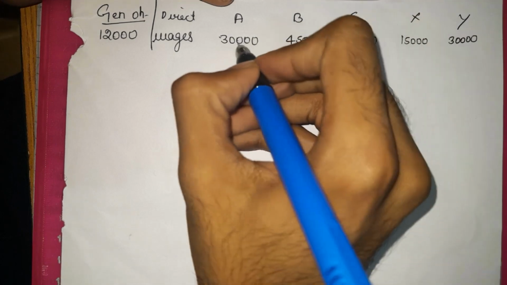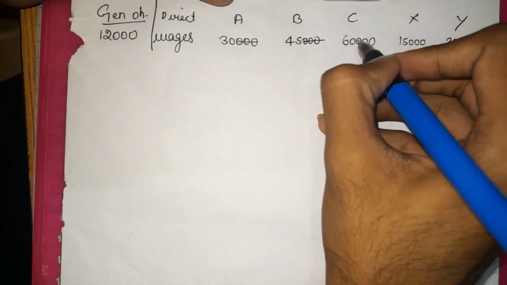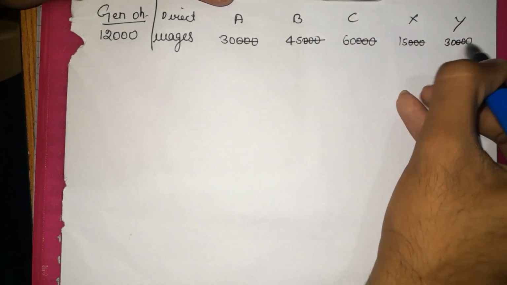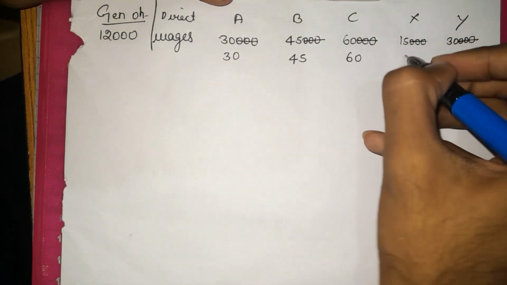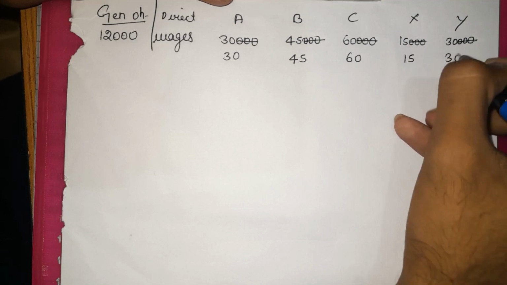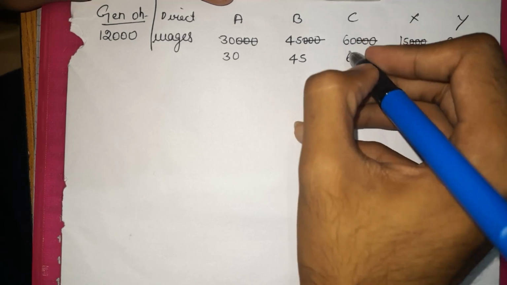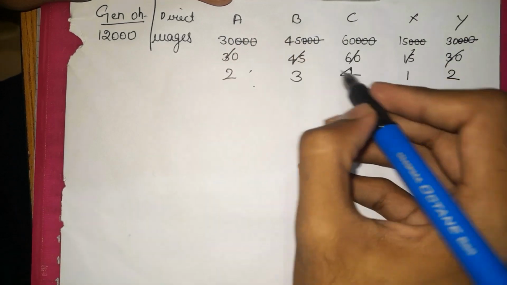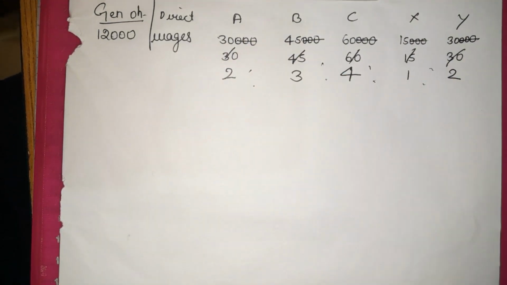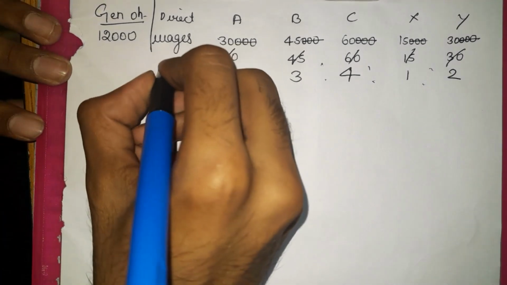Now we can eliminate 3 zeros. It will be 30, 45, 60, 15, 30. Dividing by 15: 15 2s are 30, 15 1s are 15, 15 4s are 60, 15 3s are 45, 15 2s are 30. This will be our ratio: 2 is to 3 is to 4 is to 1 is to 2. Total will be 12.